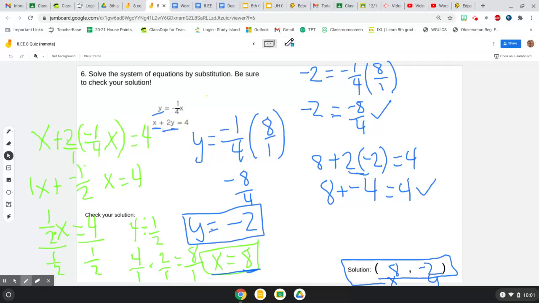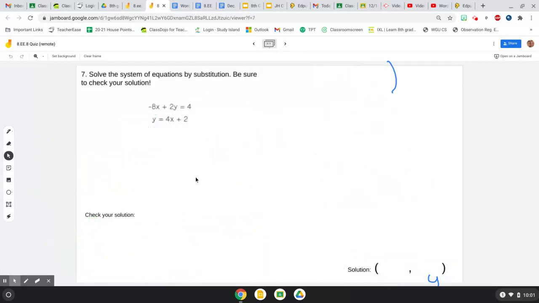And last question. All right, so number 7 is also solving by substitution, and it also says check your work. So again, first step is to see if there's a y equals, which there is.